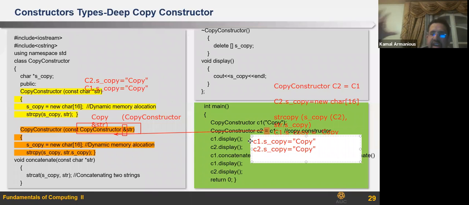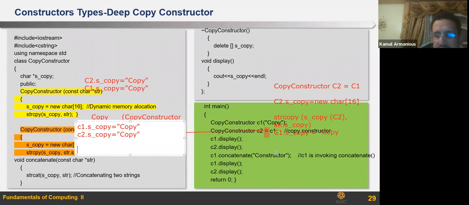This is because I have made a copy constructor. Okay, C1 dot concatenate, I will pass to it constructor, then C1 dot s_copy will be equal to copy plus constructor, which is equal to copy constructor.